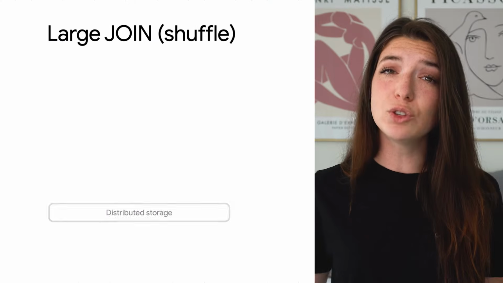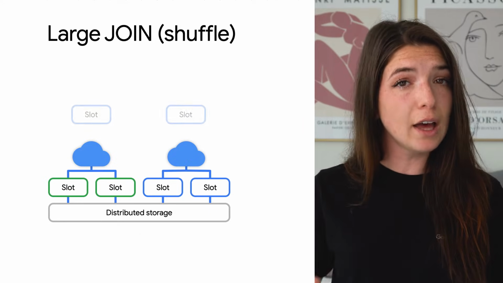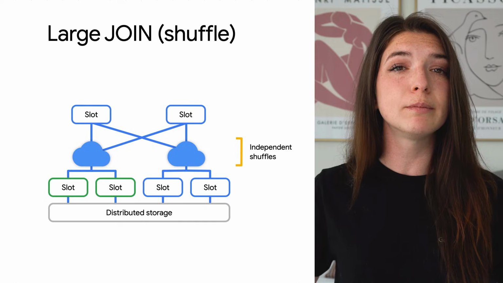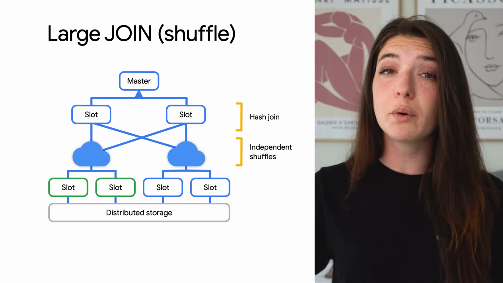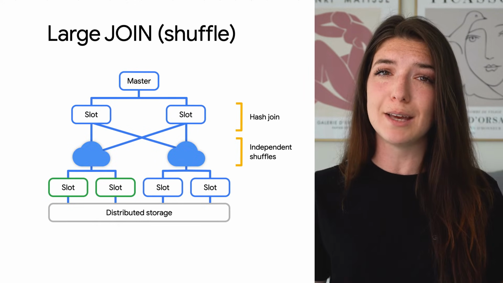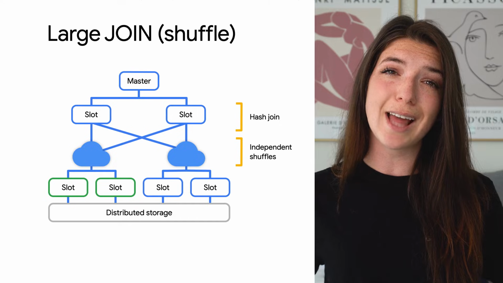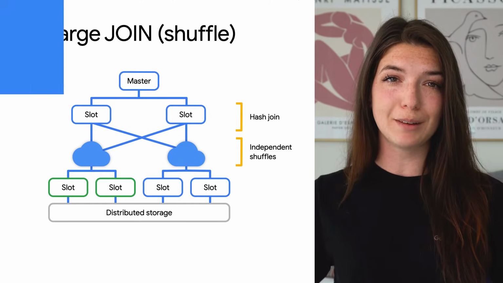Let's begin by looking at how BigQuery executes different types of joins. If you join two large tables together, BigQuery favors what's called a hash join or a shuffle join. Similar to the aggregation we discussed before, BigQuery uses a hash function to shuffle both the left and the right tables so that the matching keys end up on the same worker, and then the data can be joined locally.